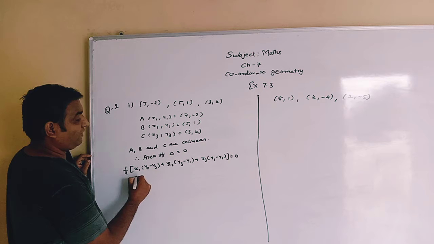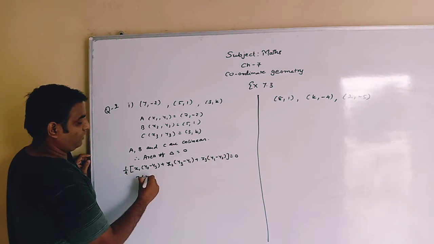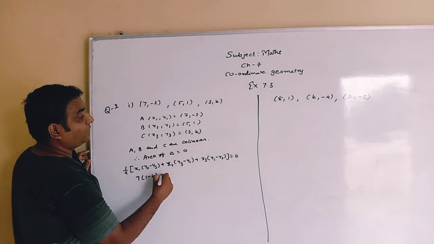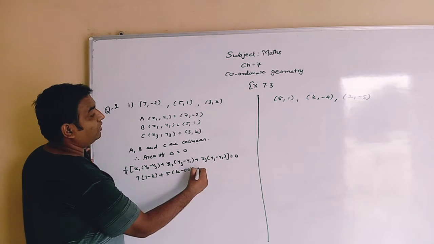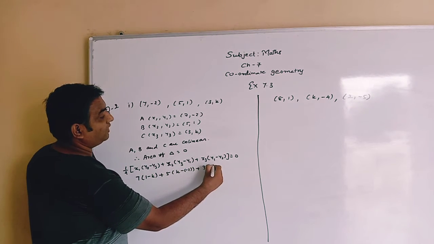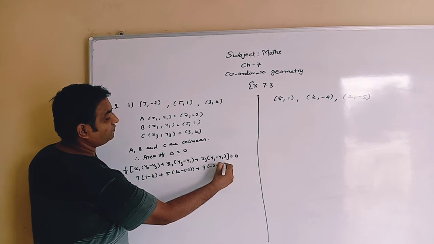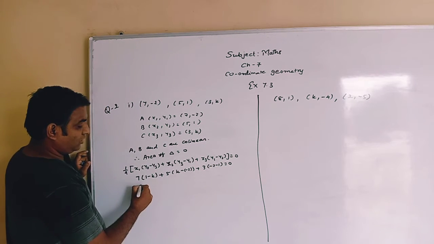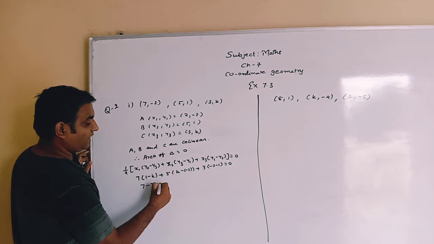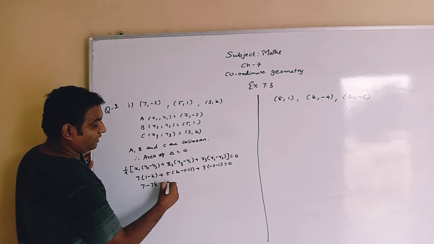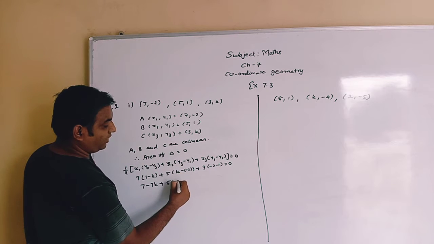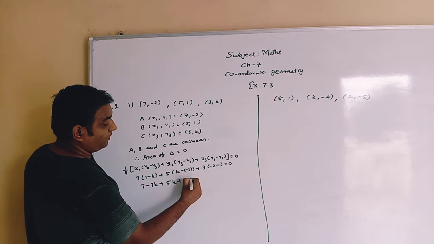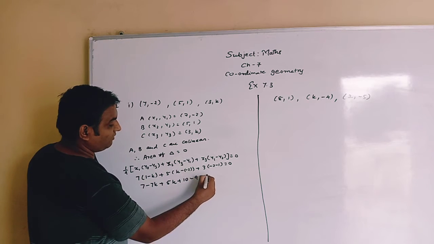Now we substitute the values: 7 (1 minus k) plus 5 (k minus (-2)) plus 3 (-2 minus 1) equals 0. So 7 minus 7k plus 5k plus 10 plus 3 into (-3), that is minus 9, equals 0.